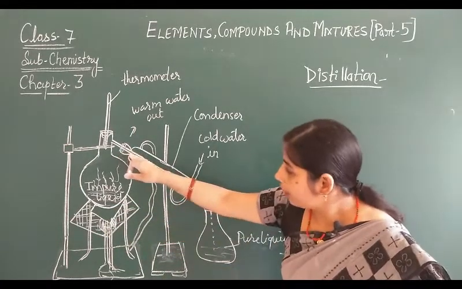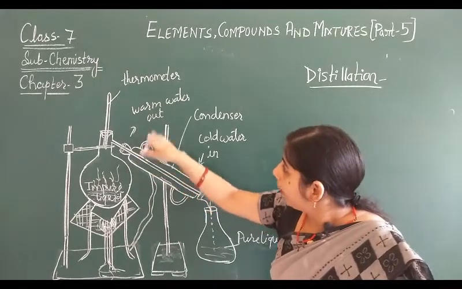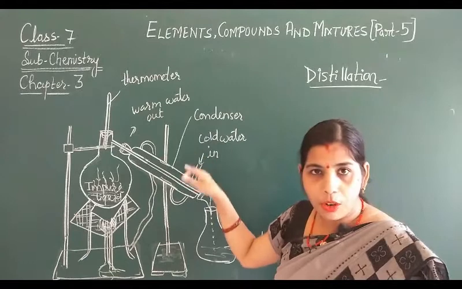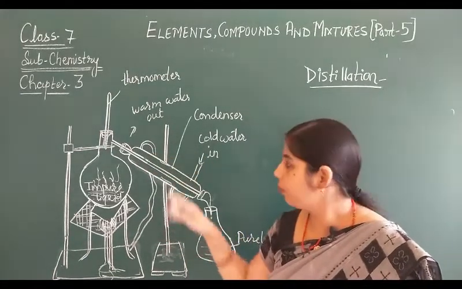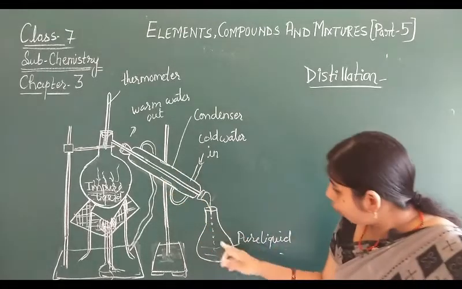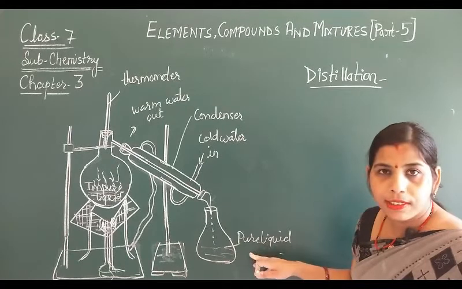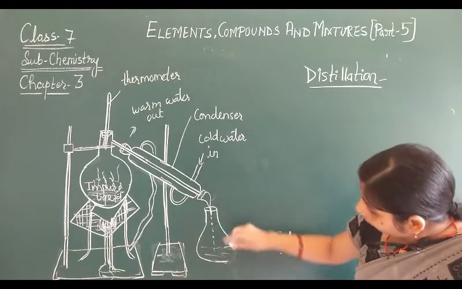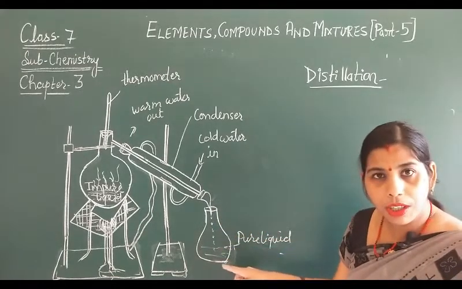Now the condenser is going to take the vapor. Here the warm water goes out and it provides the cold water. Because of the cold water, the vapor is going to condense, and the liquid is going to be obtained in the receiving flask, which is also known as the conical flask. This is the receiving flask. In this receiving flask the liquid is going to collect again.